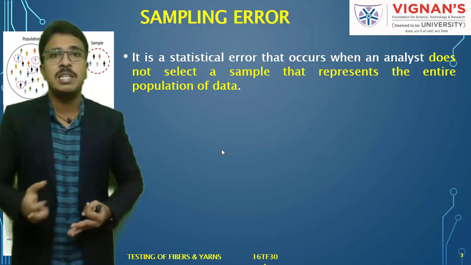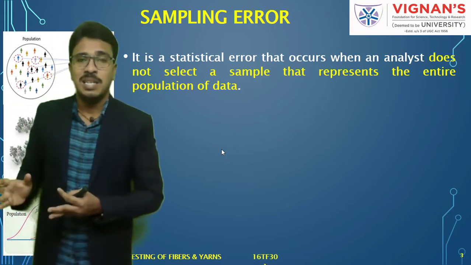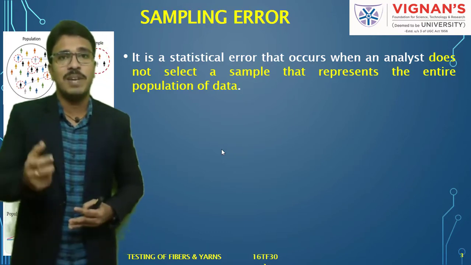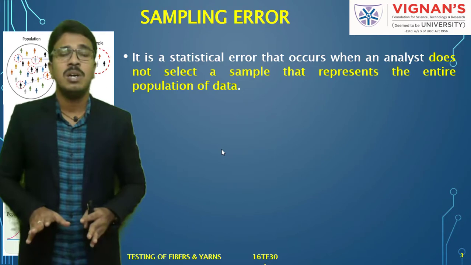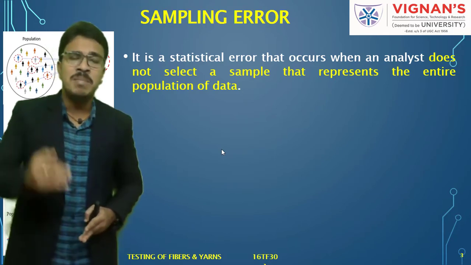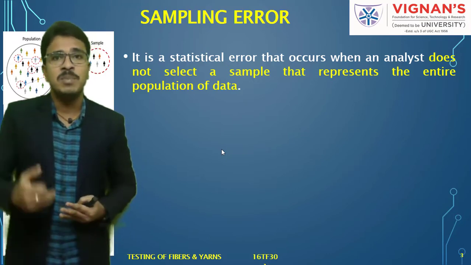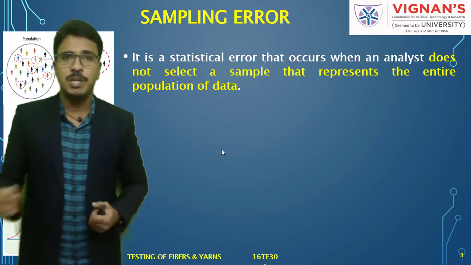No, obviously not. When you send everything you have produced to the suppliers or vendors, they will reject it. So sampling is very, very important, and we should try to minimize the errors, so that we come to know the exact quality of the products that we have produced.